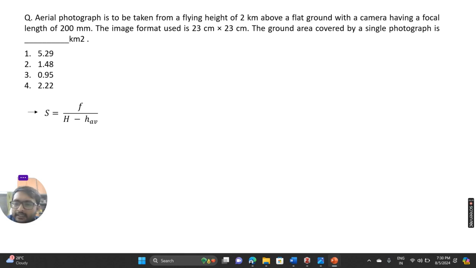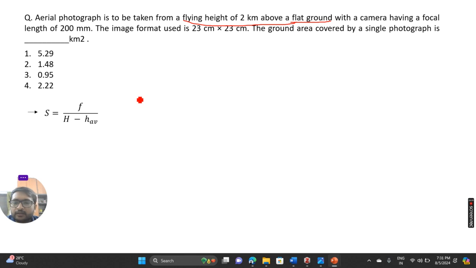But if you have seen, the information missing here is h average, the average height of the terrain. For that they have used the wording that the flying height is 2 km above a flat ground. So the ground is not undulating. The average height will be replaced by h, and you see that the height above the flat ground is directly given to you, not from the mean sea level. So this flying height is 2 km above the flat ground.